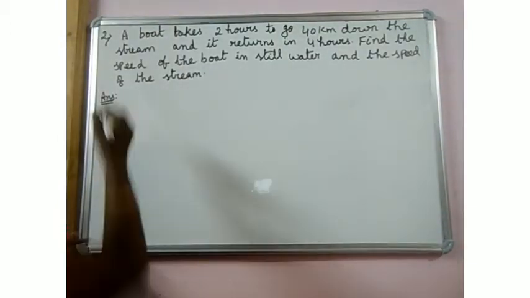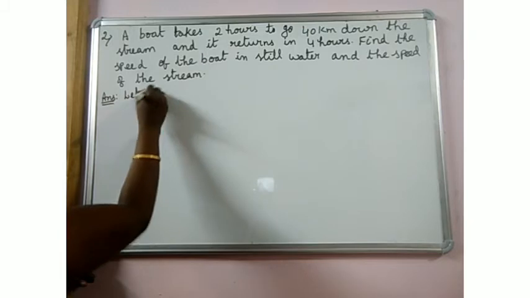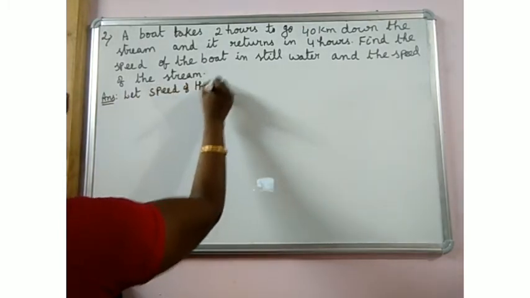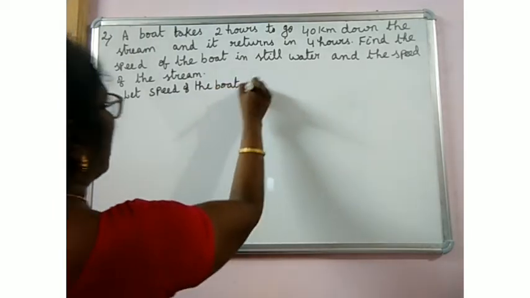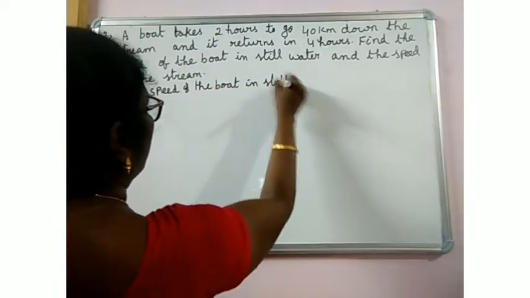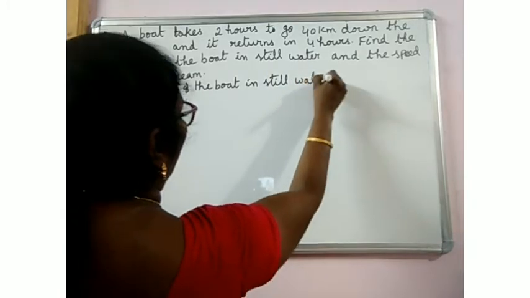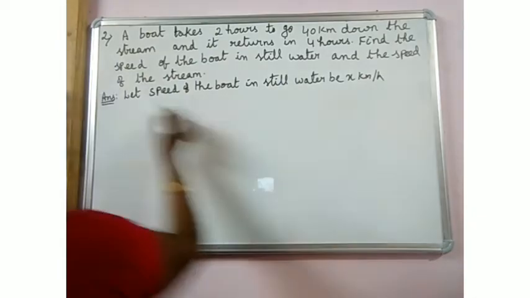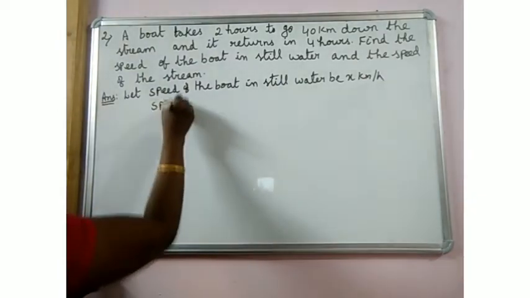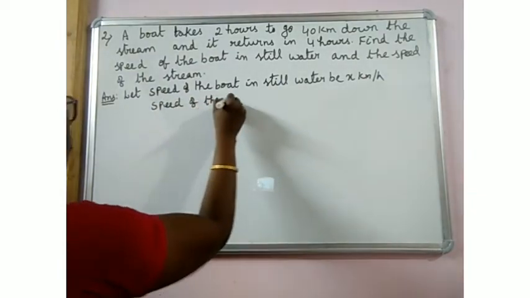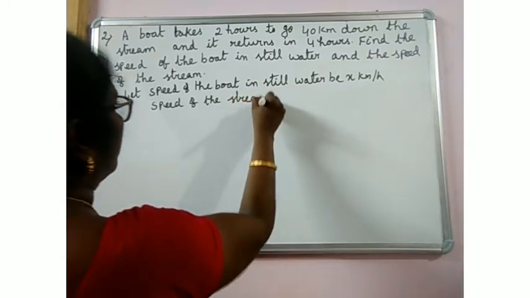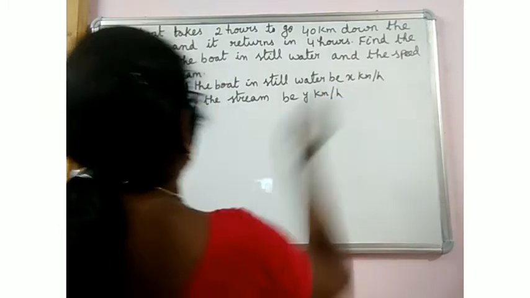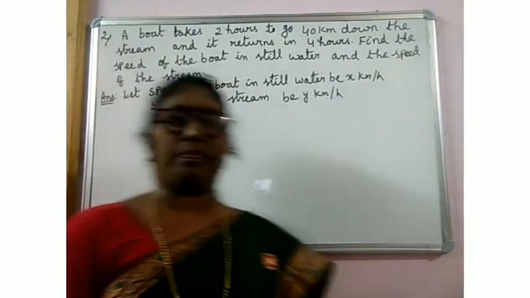Let us take speed of the boat in still water to be x kilometer per hour. Speed of the stream is y kilometer per hour.